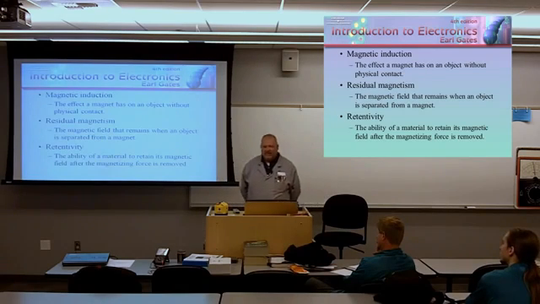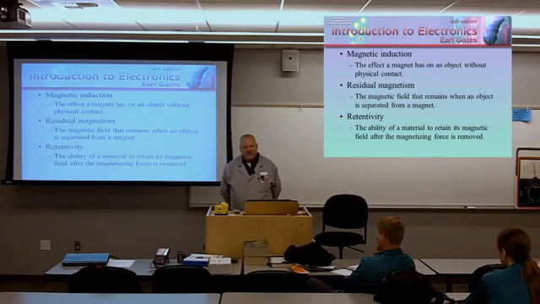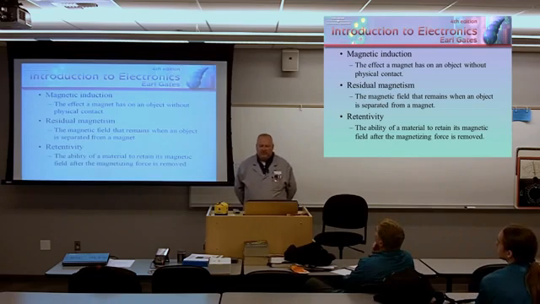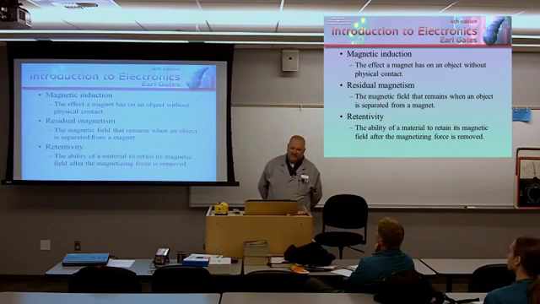Residual magnetism is the magnetic field that remains when an object is separated from a magnet. We used to have literally a big problem with residual magnetism. I don't know if any of you want to make a wild guess here.